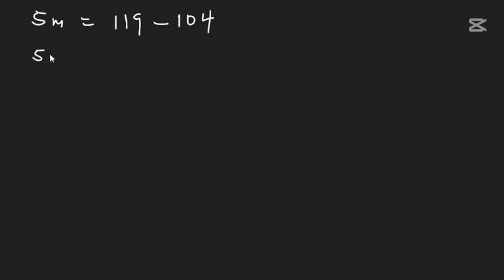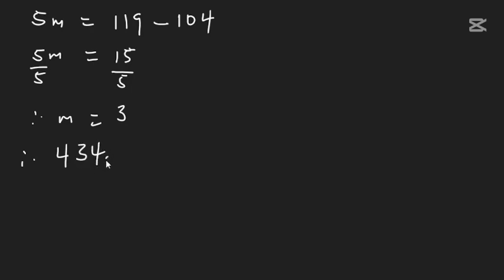So this gives us 5m equal to 119 minus 104 is given as 15. So divide both sides by 5, and our m is given as 3. So therefore, our 434 in base 5 is given as 119 base 10. So actually, when we convert this back to base 10, we still have 119.